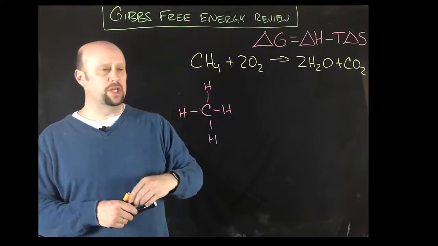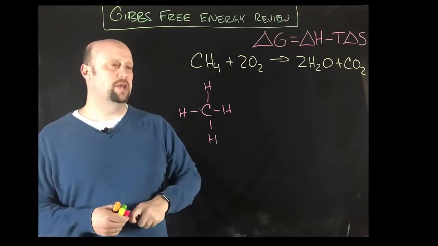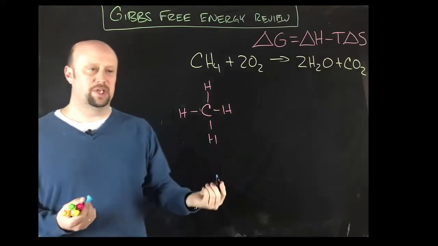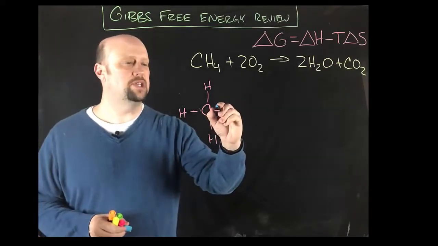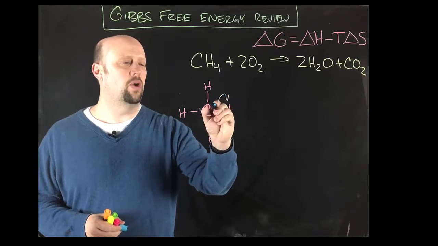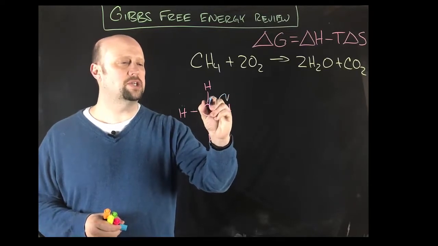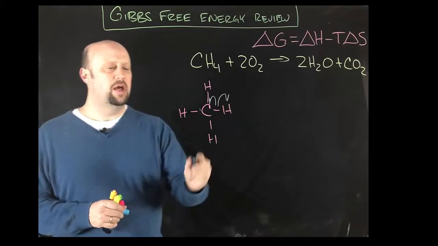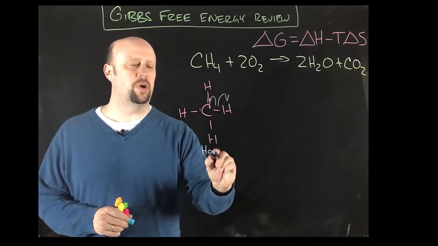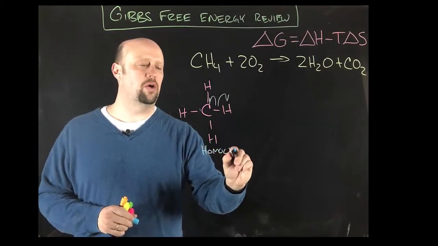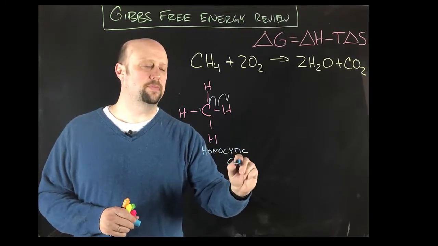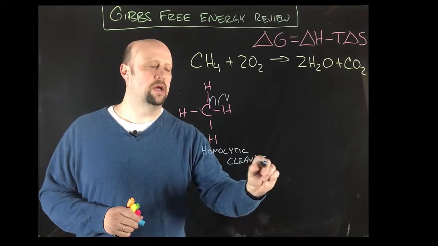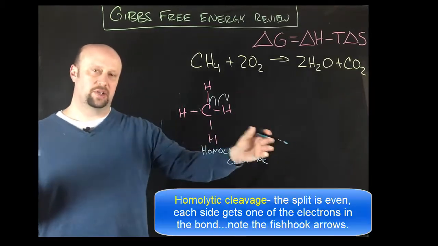Now, there are multiple ways that we can do it, but remember that the bond represents two electrons being shared. And so if we essentially send one electron back to each of the original atoms that contain that bond, then that is a specific kind of bond breaking called a homolytic cleavage. Okay, and it's called homolytic because each side gets an electron back.